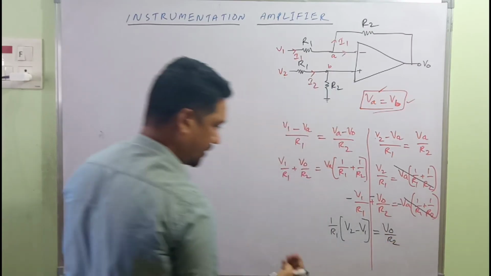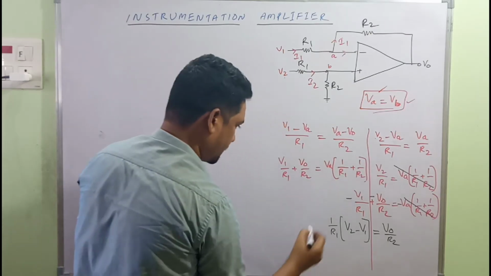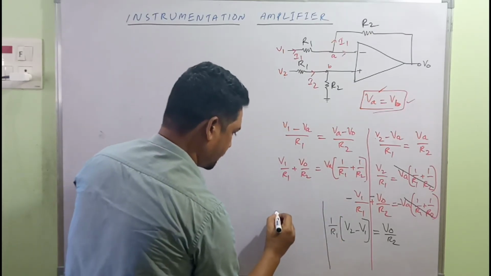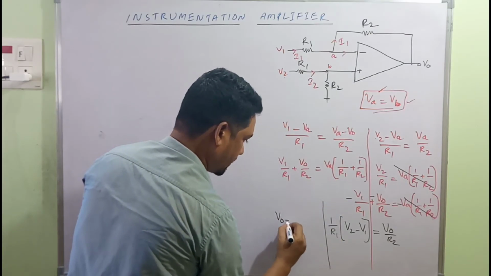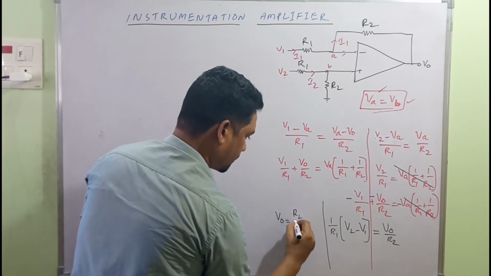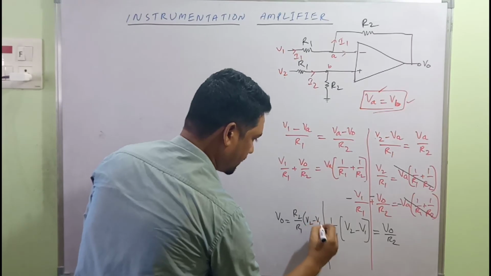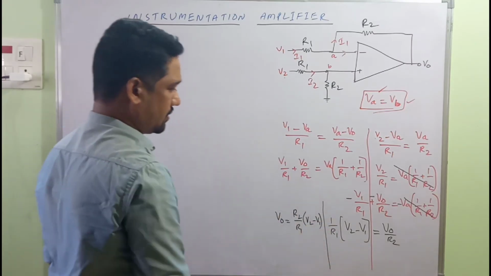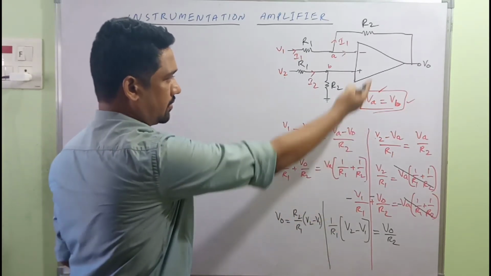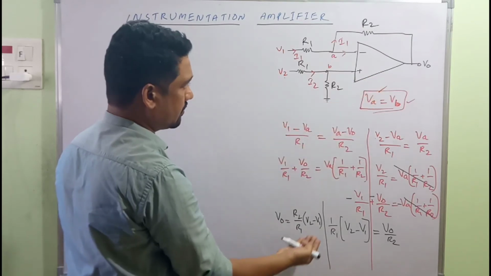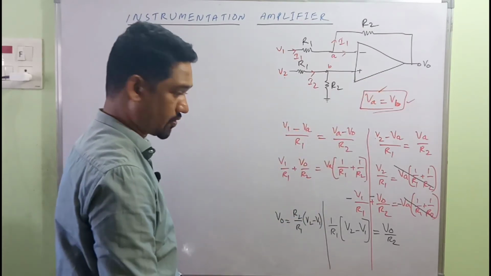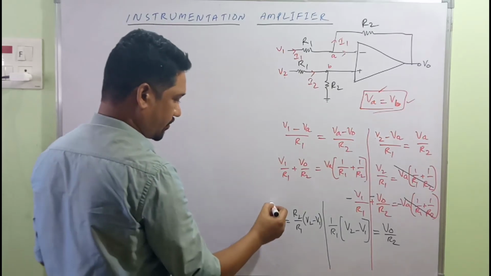And usually we need V0, so V0 will be equal to R2 by R1 into V2 minus V1, guys. Right? The output for a subtractor, which was proved earlier, but this is another approach.